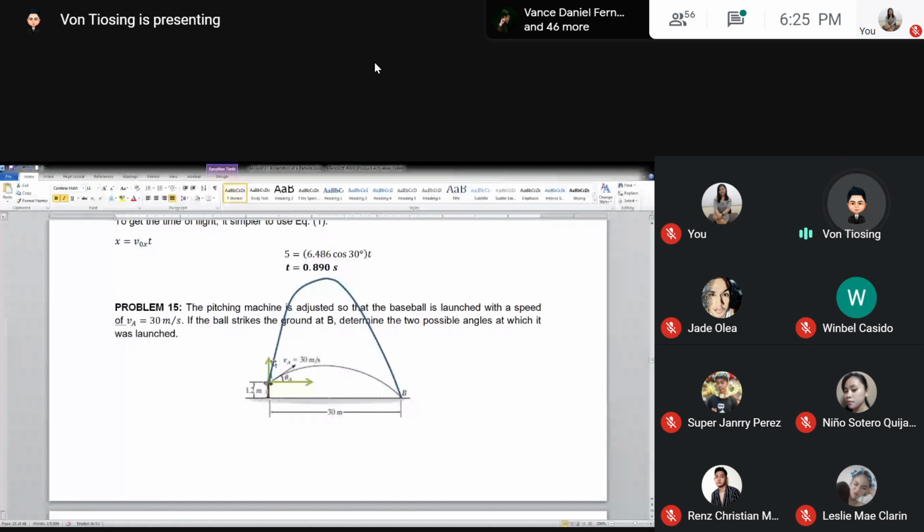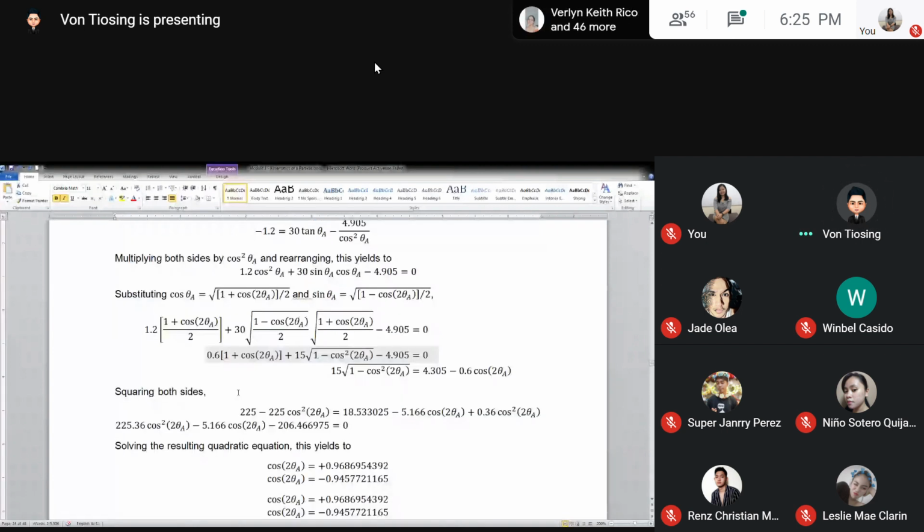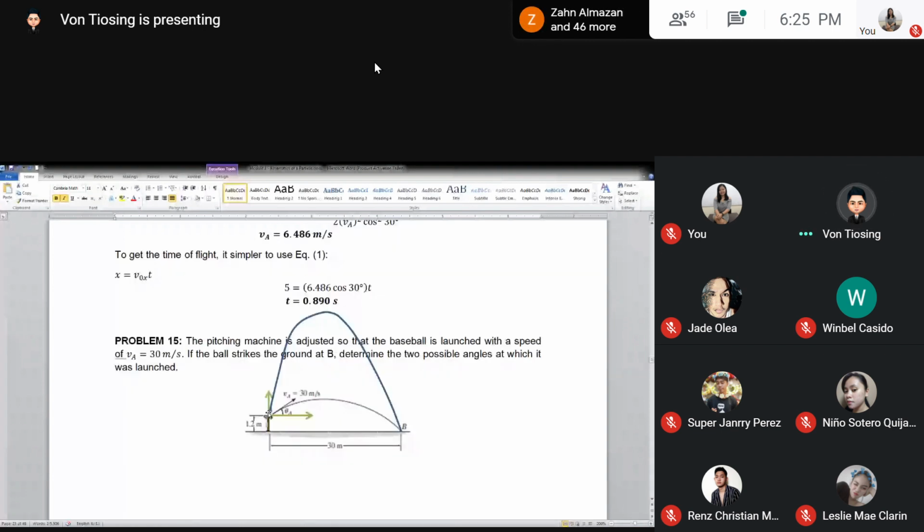Kaya hanapin mo kung saan ka nagkamali. Kasi technically, pag binato mo siya at an angle 90 degrees, kung saan mo siya ibinato, doon lang din siya babagsak, neglecting air resistance. Okay, di ba? Kasi direct pataas eh. So, posible siya, oo, pero hindi siya aabot sa 30 meters. Okay?